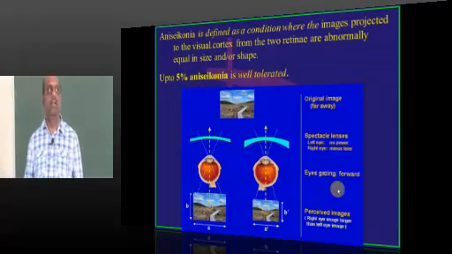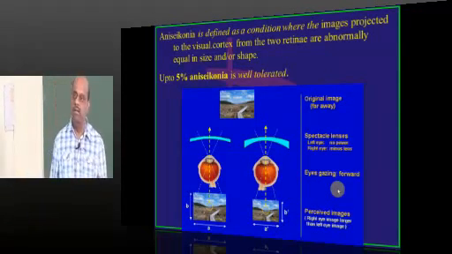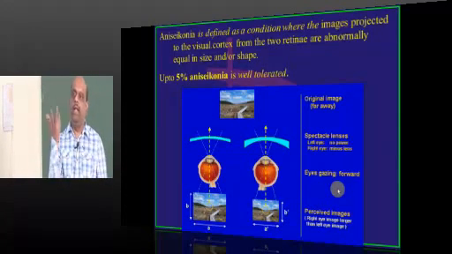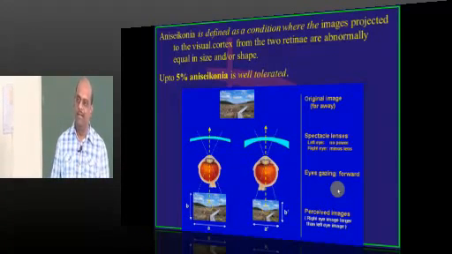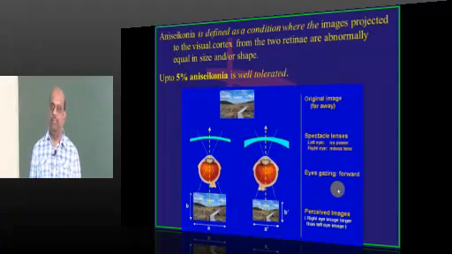Now doctor, why should anisometropia lead to development of visual suppression? Very simple.